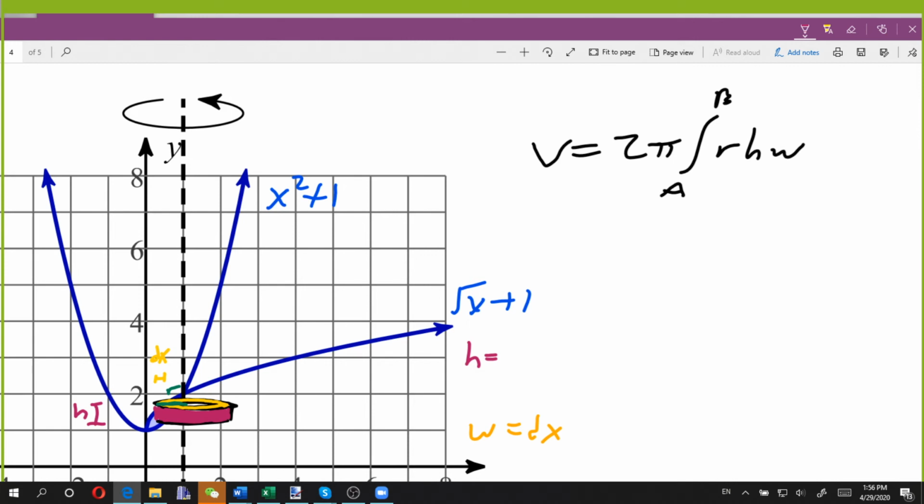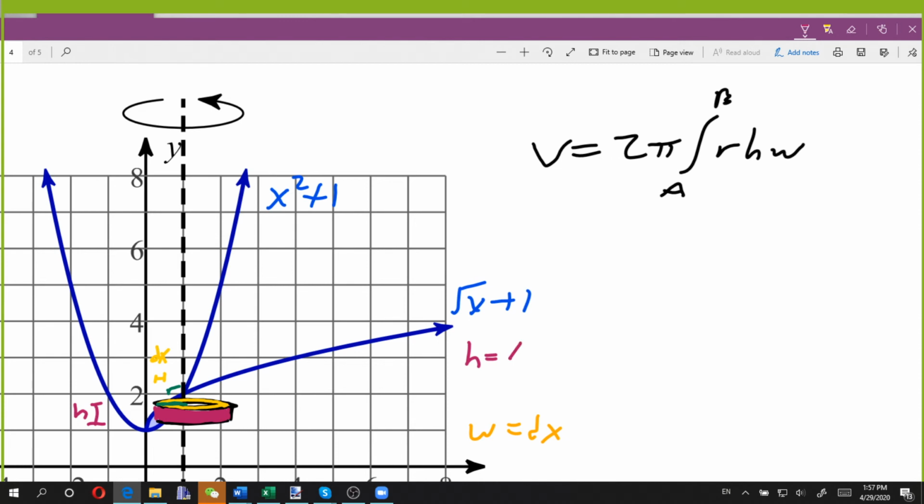Now, I'll open this up to anyone. What should our height be? Square root of x plus 1 minus x squared plus 1. Okay, you're both right. It's going to be the difference in my y values, which is what Andrew said, and then that difference in my y values is x squared plus 1 minus root x plus 1.